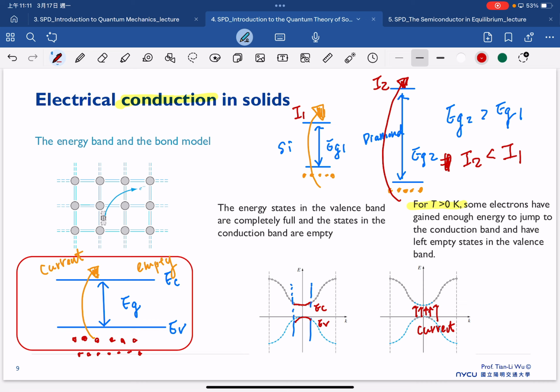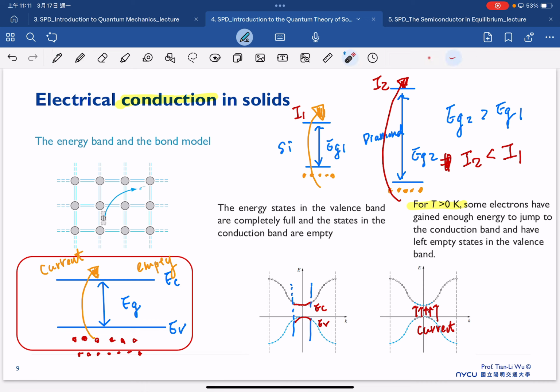I think that's the reason why the band diagram is powerful. So far, we haven't derived any very complicated equation, just a schematic drawing. But now we can already understand that, ideally, the current in the second semiconductor, which has a large band gap, should be smaller than the current in the first semiconductor, which has a smaller band gap.